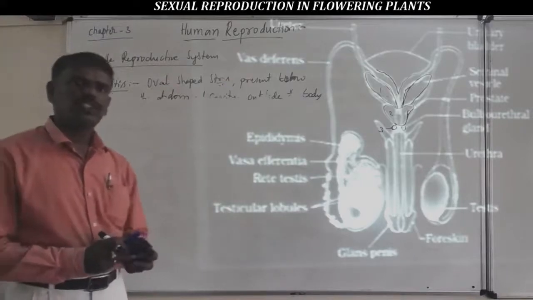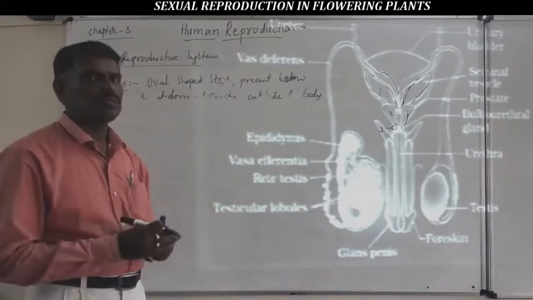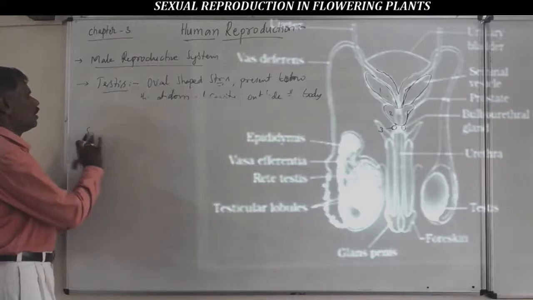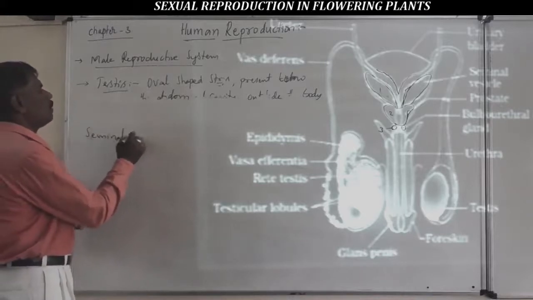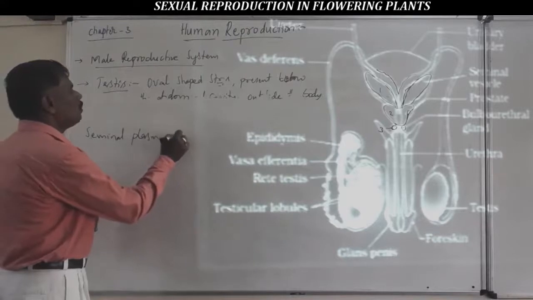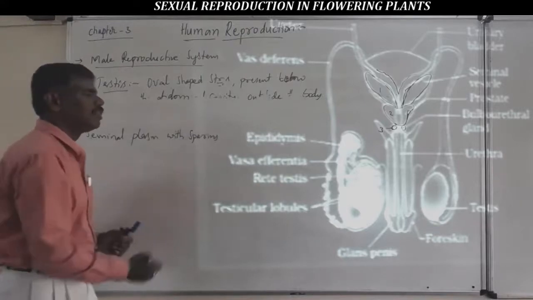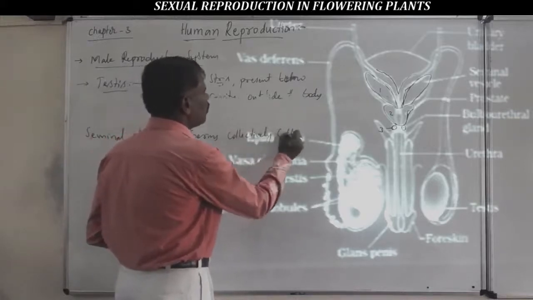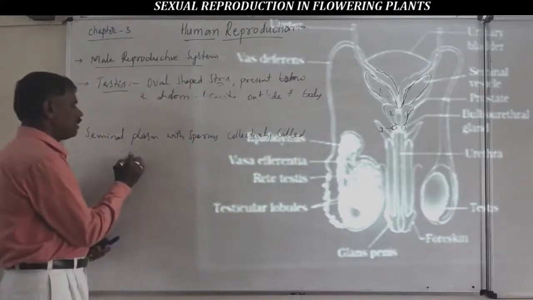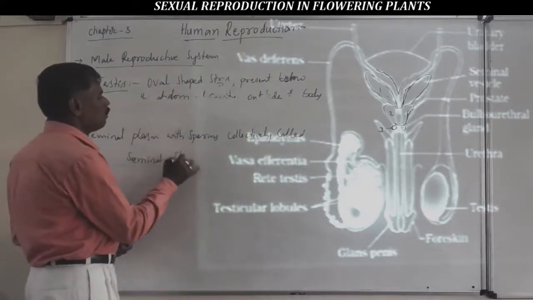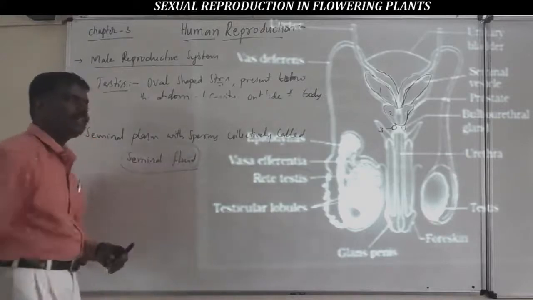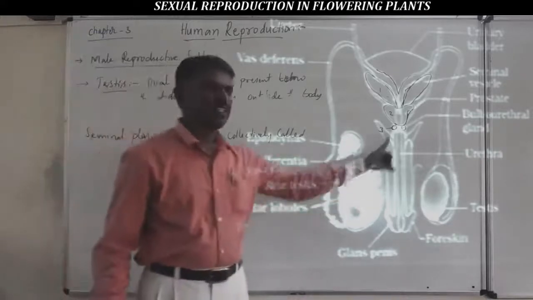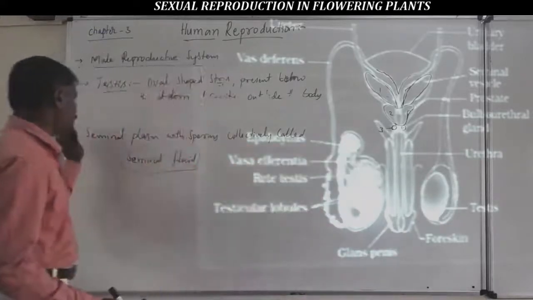These glands constitute the seminal plasma, and that seminal plasma with sperms is collectively called seminal fluid. This seminal fluid is released with the help of the external genitalia, that is the penis.